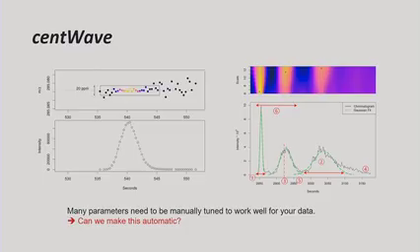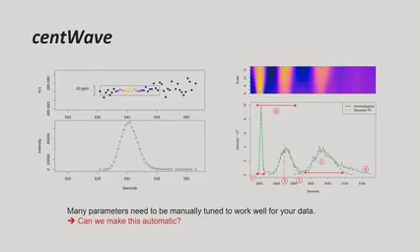Usually the peak width can differ, but to get the best result, there are a lot of parameters for this algorithm to run. As you can see in this figure, at least 6 to 8 parameters need to be optimized to get the optimal parameter combination for your data.